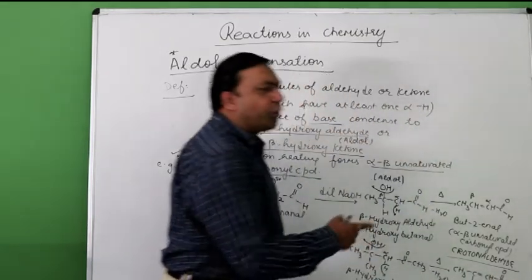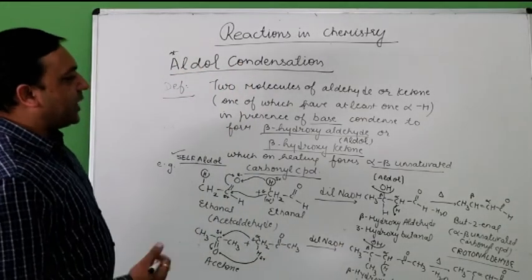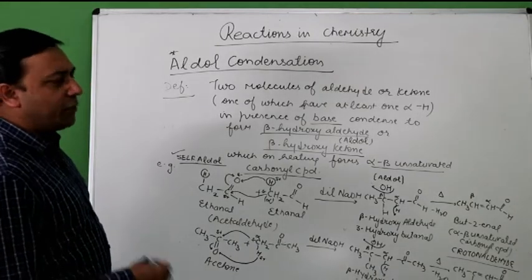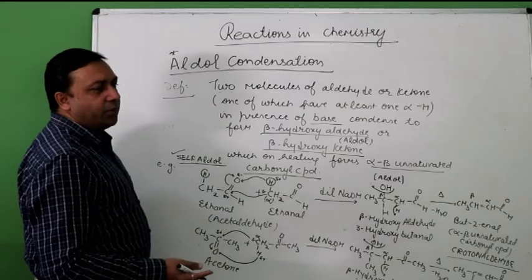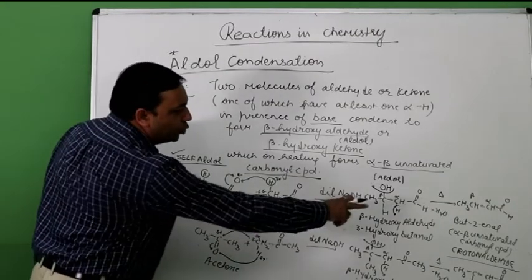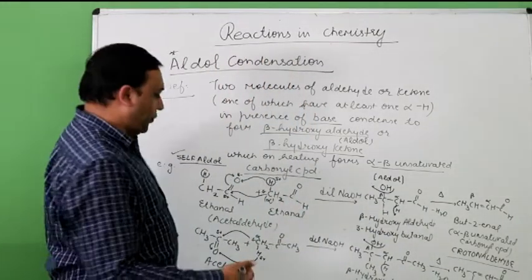Now this is a very important compound. In your lower classes, you will get the questions, write a note on aldol condensation, or the smart way will be conversion of this compound. So how can it be asked in the exams? Convert ethanol to crotonaldehyde. This can be a conversion.